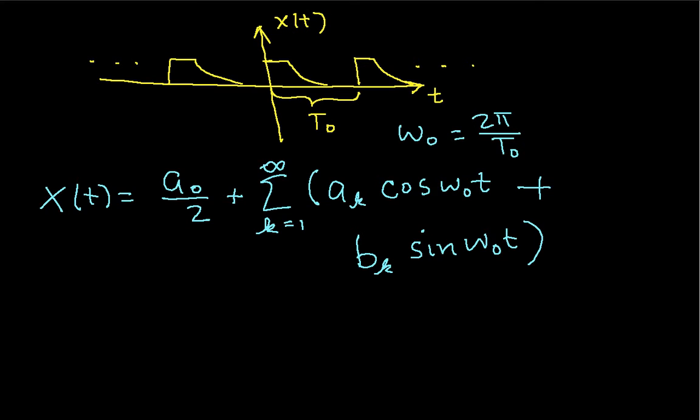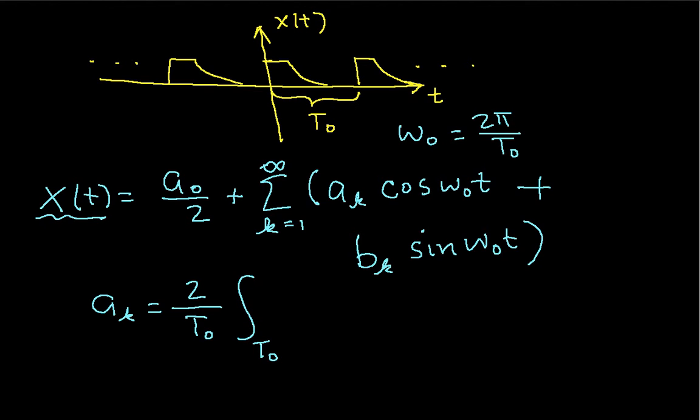You can compute those. Typically, as in the previous video, you're usually given x of t, and you want to compute the Fourier series coefficients from x of t. So it turns out that a sub k can be computed as 2 over t0 times the integral over one period of the function.